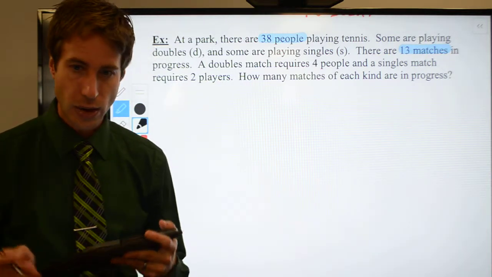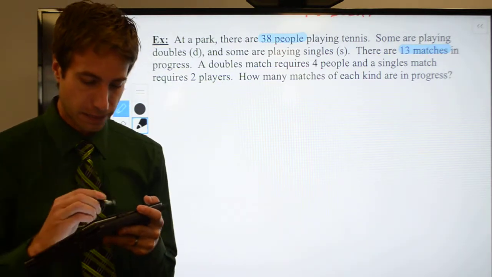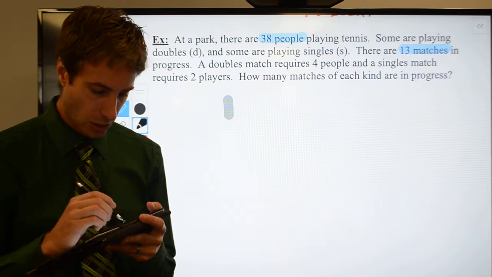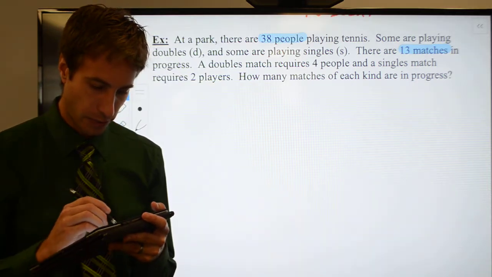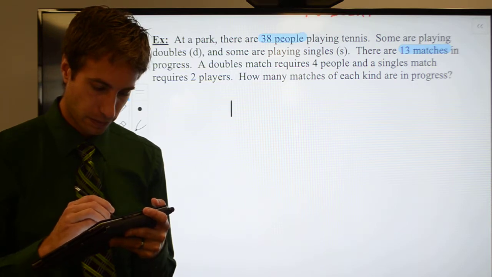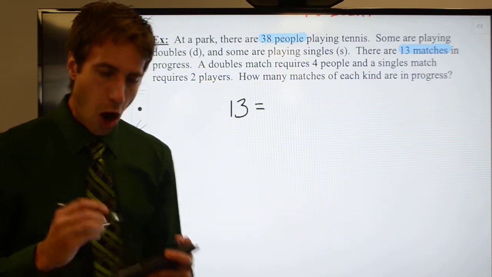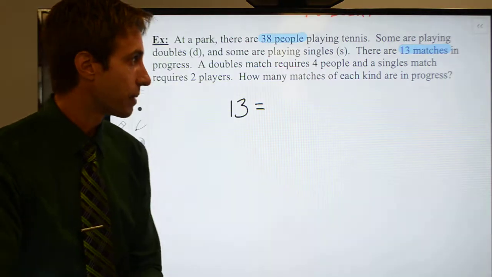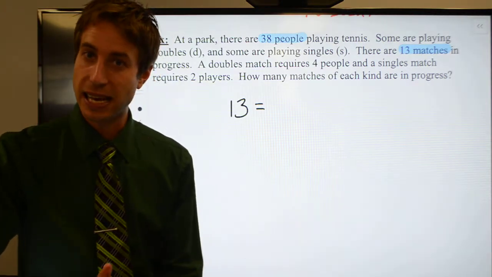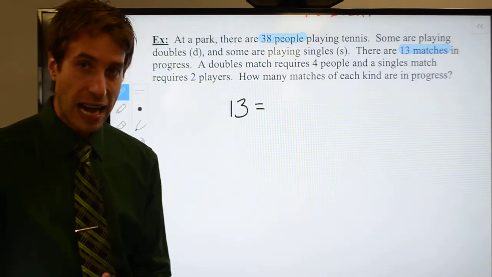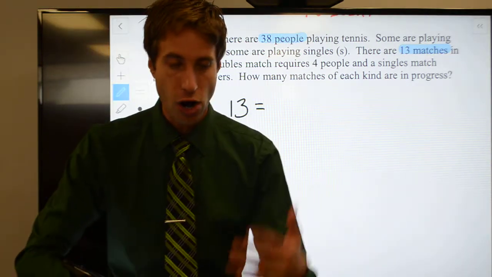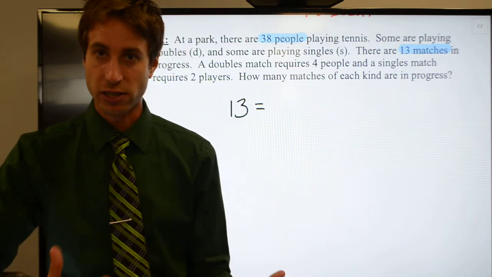Well, here we go. Let's go ahead and start with 13. Oh, hang on. Sorry, that is a highlighter. No, let's get a marker. There we go. 13. All right, well, the 13 tells me that there are 13 tennis matches currently in progress. Now, what kinds of matches are being played? Well, there are doubles matches and there are singles matches.